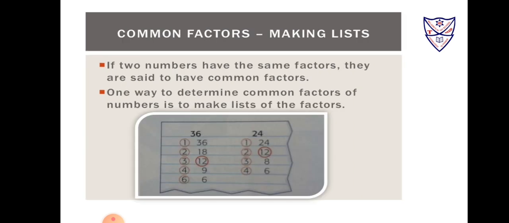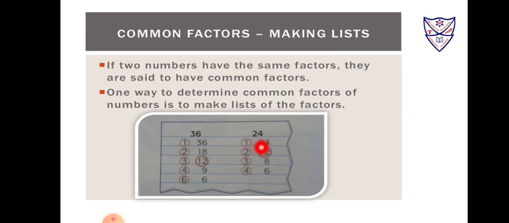Let us make a list of common factors. Now students, if we want to make a list of common factors, first of all we will find the factors of both the numbers. For example, here I have taken the example of 36 and 24. Factors of 36 are 1, 2, 3, 4, 6, 18, 12, 9, and 36 itself.